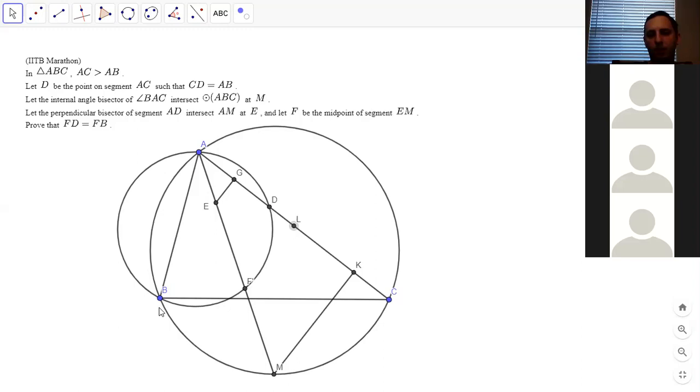And we can compute KC because, angle CMK, how do we compute KC? KC is AC minus AK.